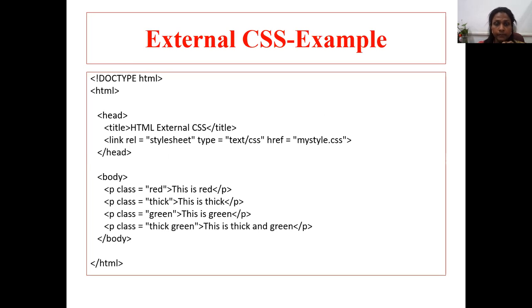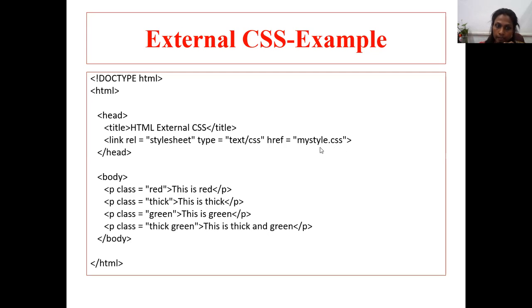In this example, we can see how we give an external link to a CSS file through the HTML document. We have the head tag, the title, and then, as I told you, the link tag. The relationship is stylesheet, and the type is text/css. In the href property of the link tag, we have mystyle.css.